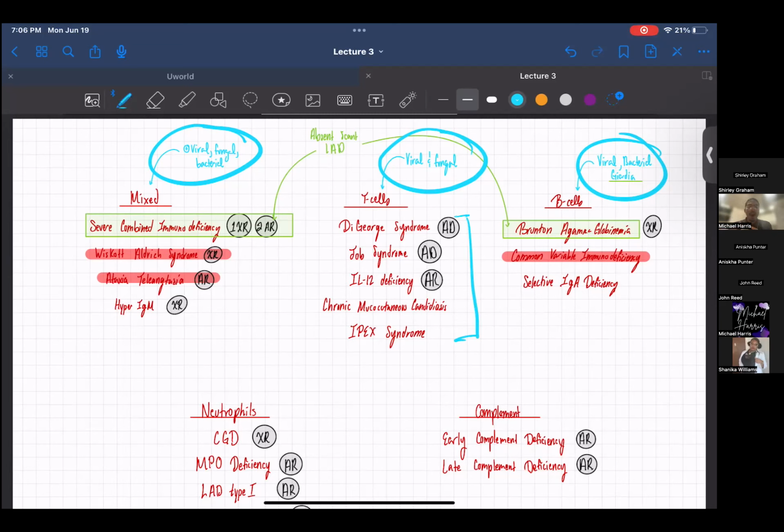Because they all have little nuances with what is affected. But if you're able to at least do this first part and you know what diagnoses are related to each one, you will be golden. Because all you then have to know is the details of the diagnosis. And that's just taking time to review the material.